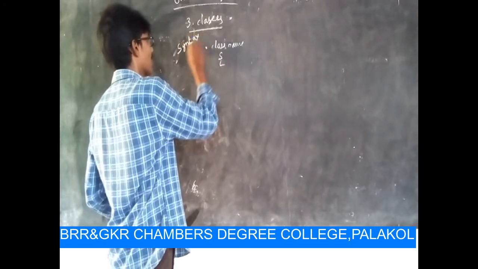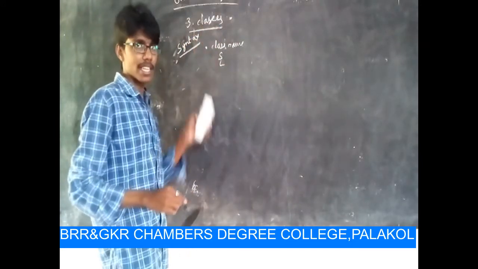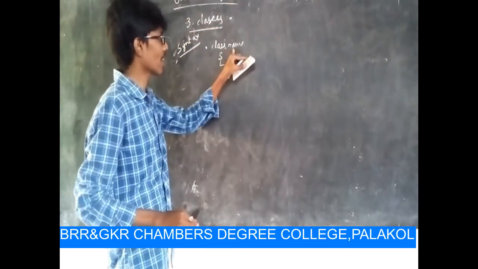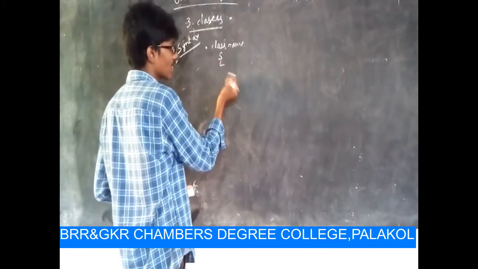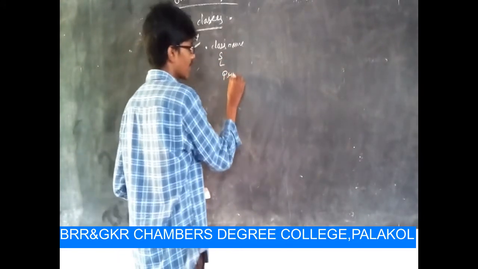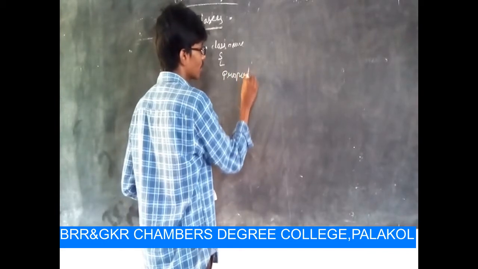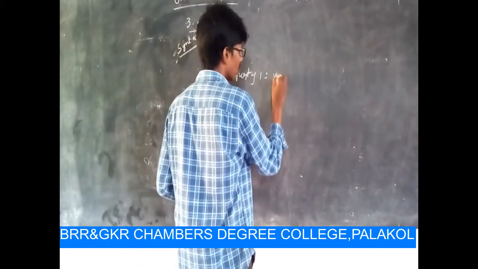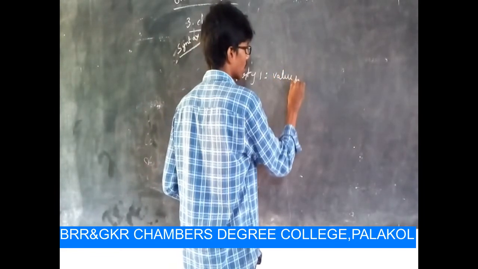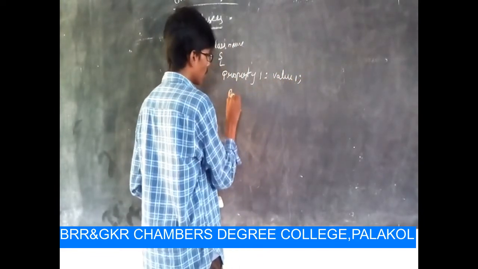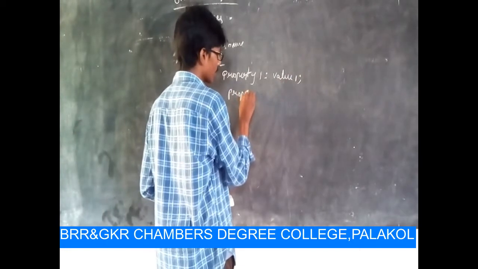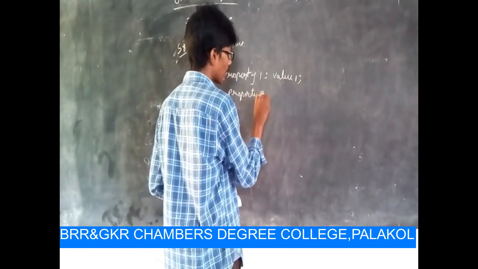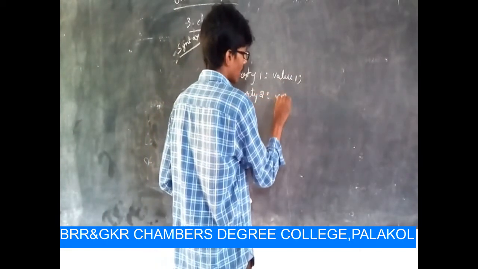This is the syntax for the class concept. There, dot, after that the class name, open the curly brace, then represent different property values. Property 1, there you represent value 1. After that property 2, another property for this class.